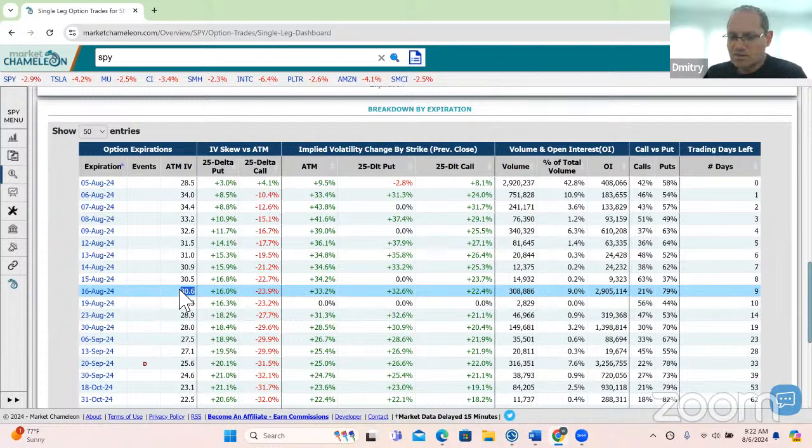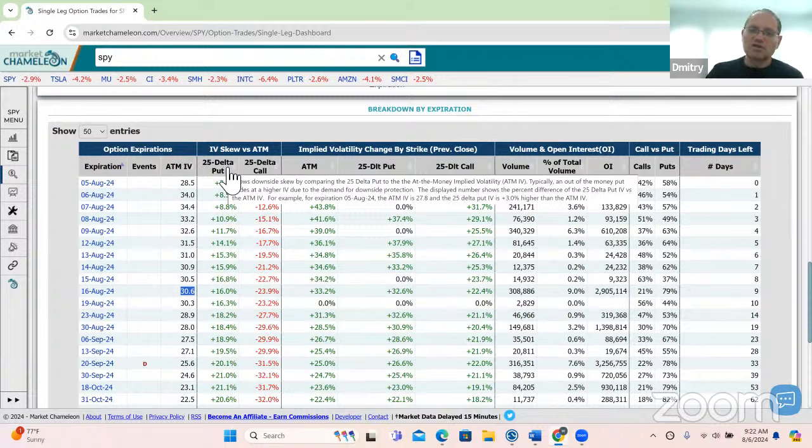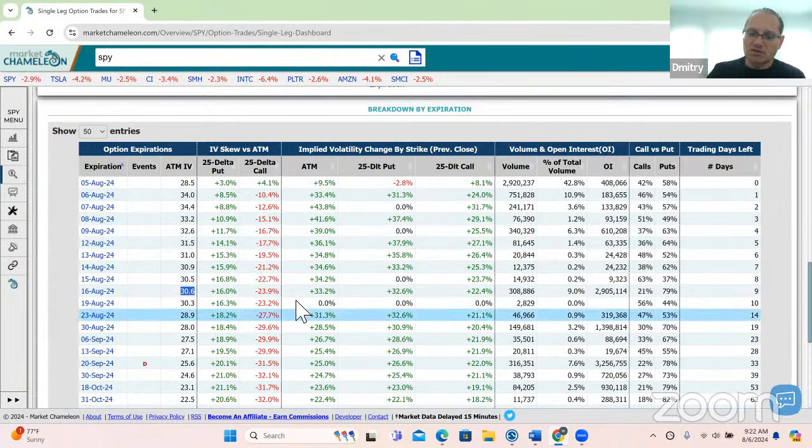Because there are so many strikes, what we can do to create benchmarks and reference numbers is create a benchmark so we get an idea of what it may look like throughout. So here we reference the 25 delta put, a downside put, and a 25 delta call, an upside call.